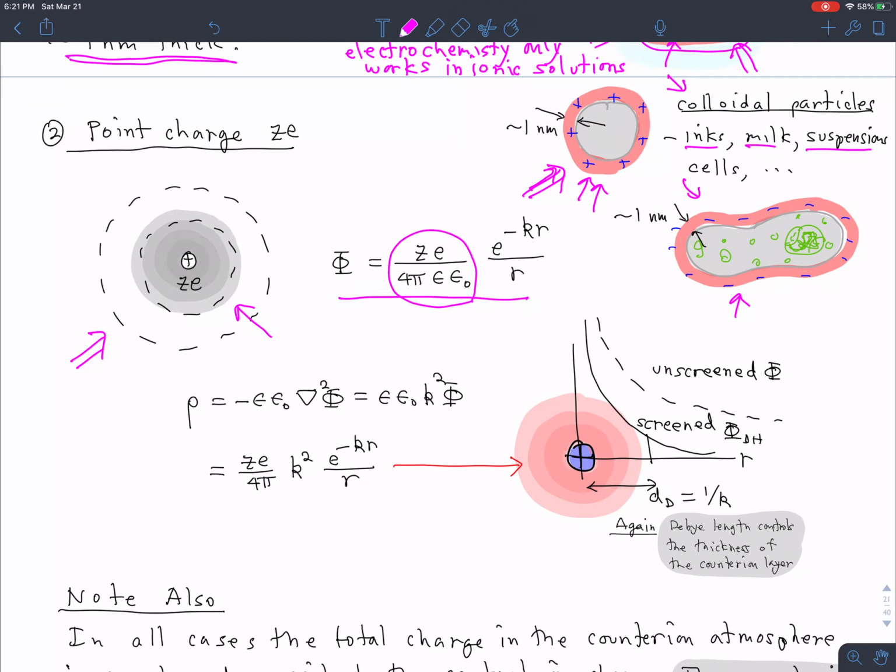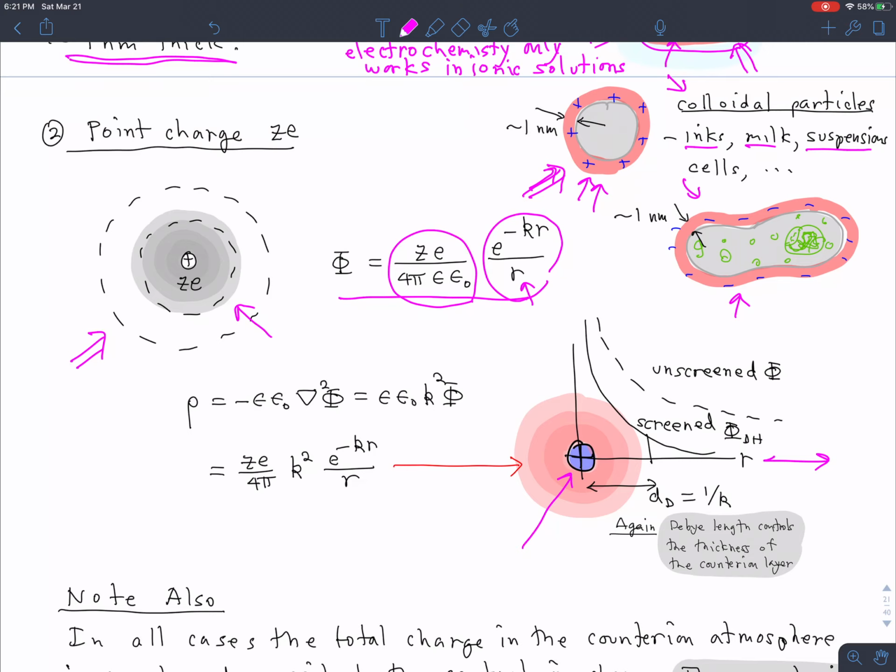Again, there's a bunch of constants in front that don't matter. And then there's this functional part that tells how the counterion atmosphere changes with distance away from the central ion. So here's your central ion. Here's distance away from the central ion.